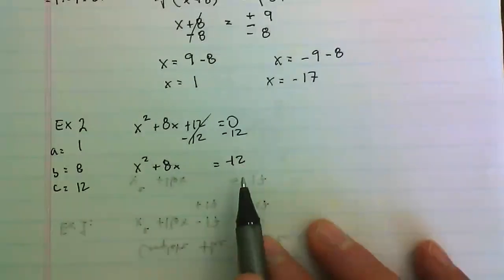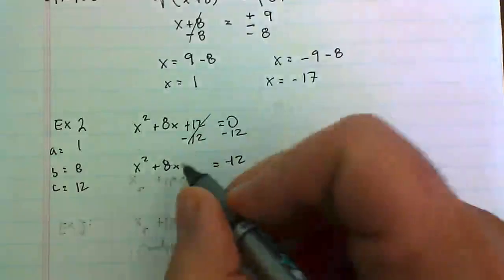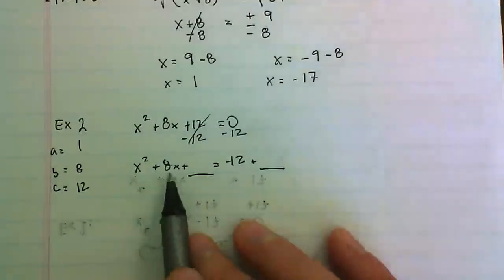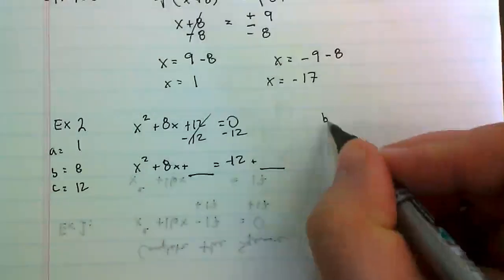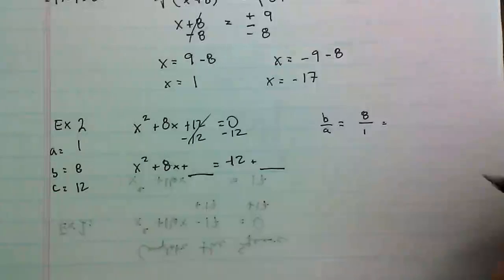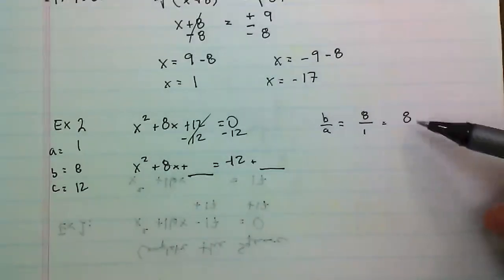So that's the equation that we're going to use here. And so we're going to just follow the same steps. Okay? So I'm going to scooch this thing up so we can all see here. So we have x squared plus 8x plus 12 is equal to 0.